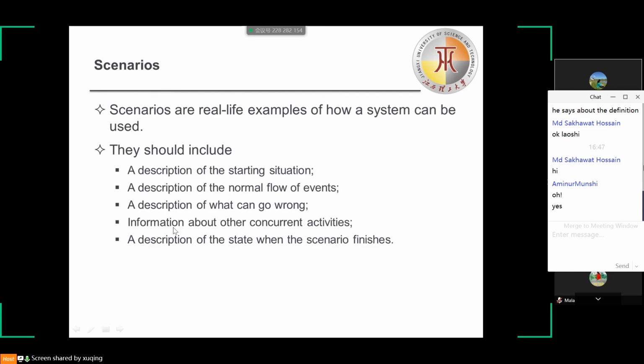We need to include information about other concurrent activities that might be going on at the same time. And a description of the state, as in the system state, when the scenario finishes.